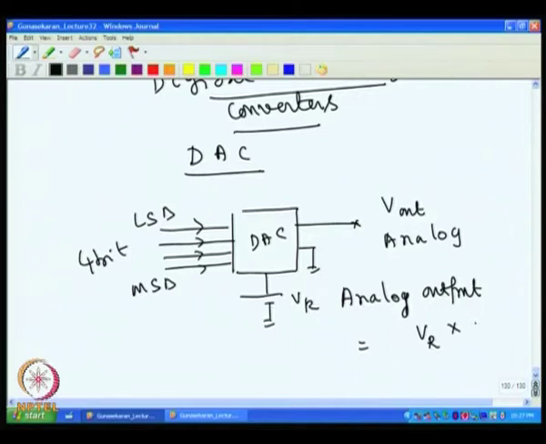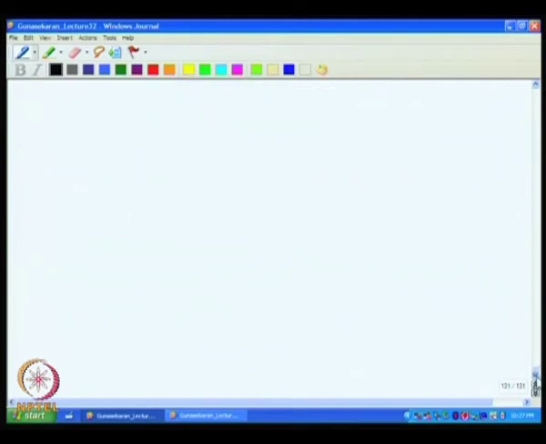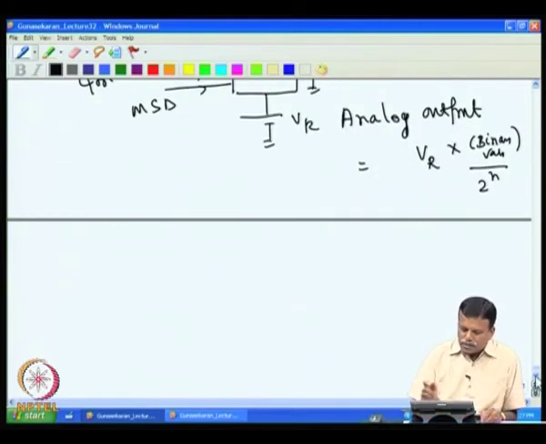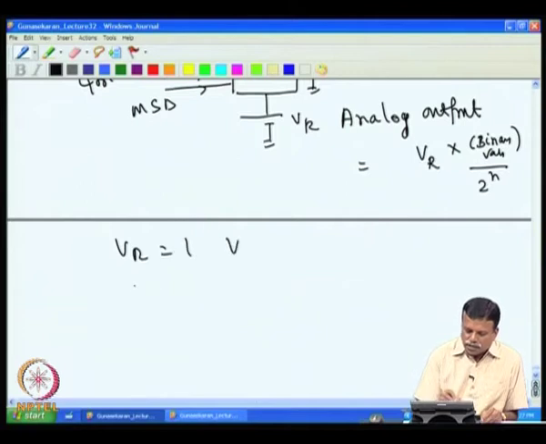For example, if all bits are 1, in this case a 4-bit converter, we have the binary value divided by 2 power n. For example, if it is a 4-bit converter, then V reference is, say, 1 volt and n is equal to 4.